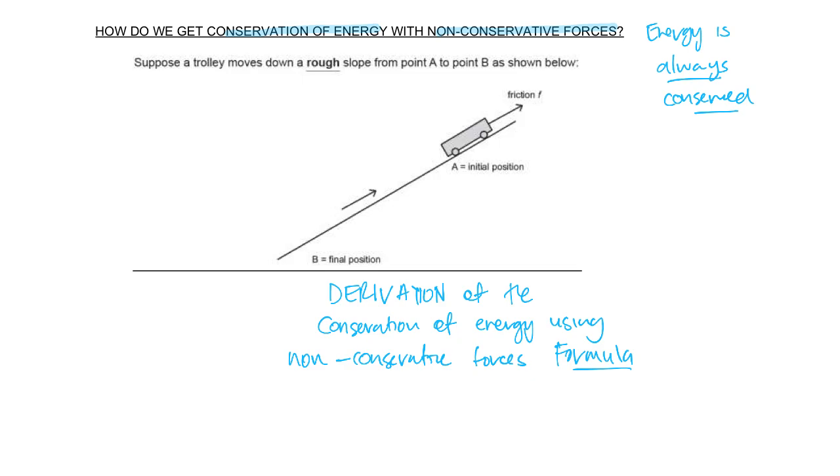happening here. Alright, so suppose we have a trolley and it moves down. So move tells me it slides, but then it tells me it moves down a rough slope from point A, which is here, to point B down here at the bottom.